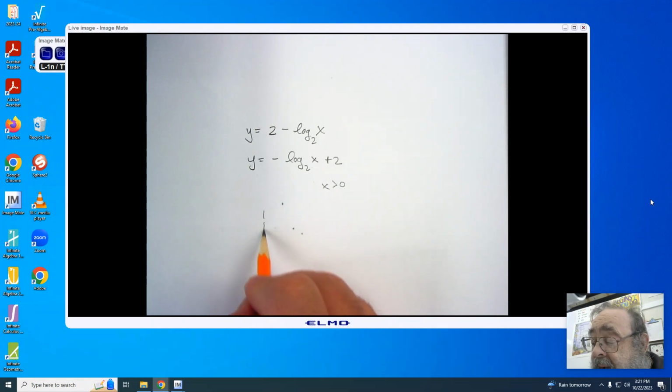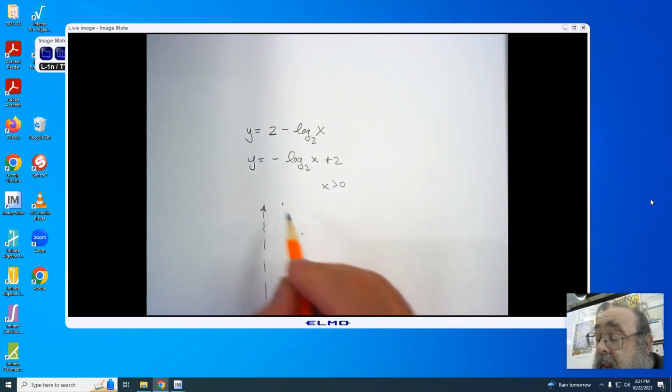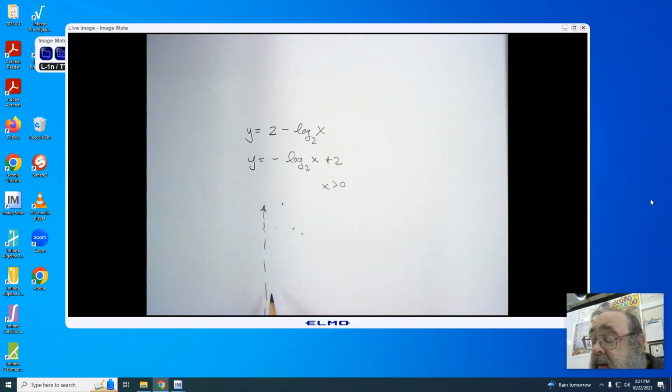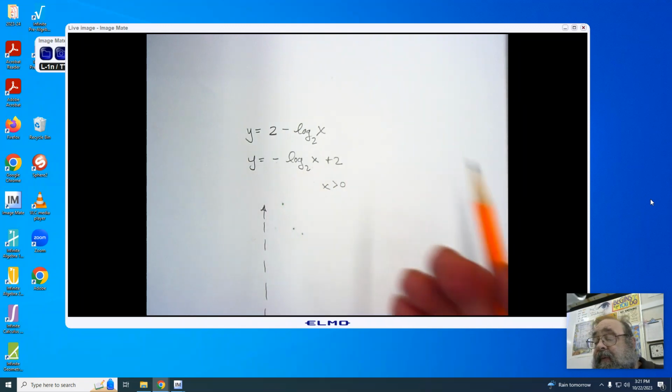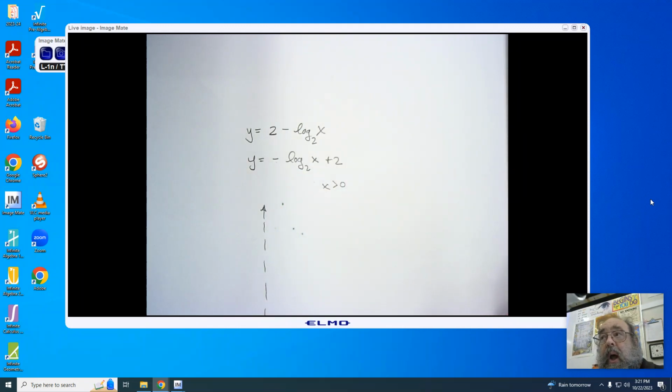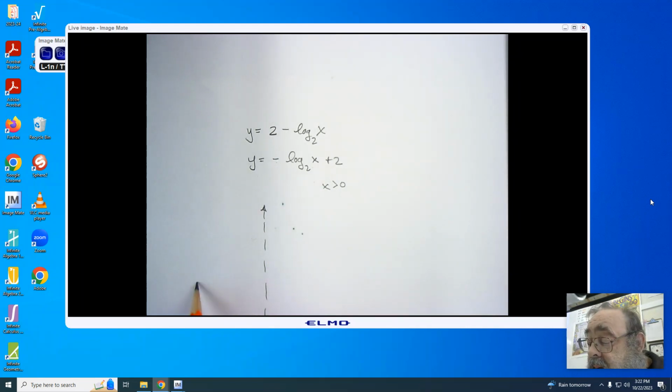So we now have a graph that has been shifted, but be careful because this is going down. Notice that this is a reflection through our x-axis. Let's see our graph.